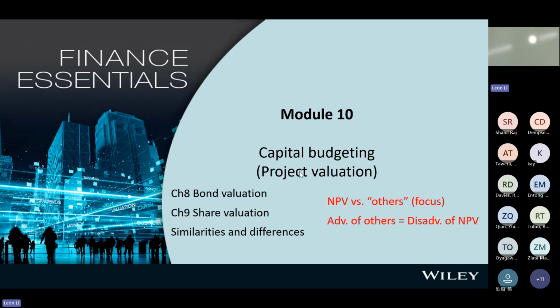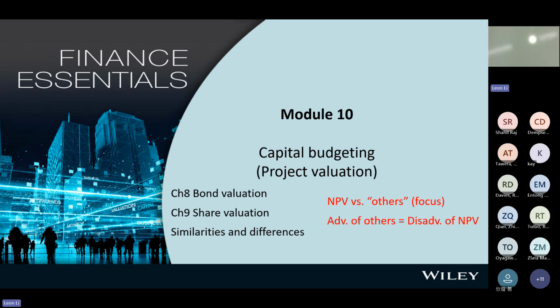In project valuation, again, we will use the present value. But for project valuation, we use the NPV, net present value. So I will explain what a net present value is. For me, it's similar to our present value. However, in chapter 10, for project decisions, we not only use present value, we will use other methods.